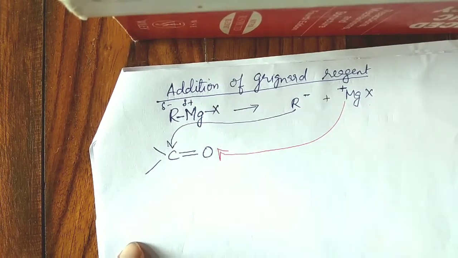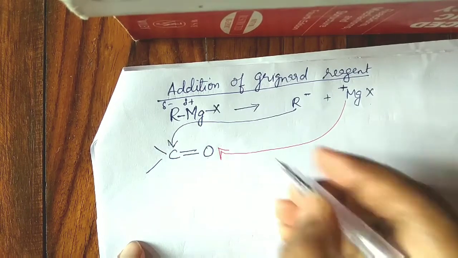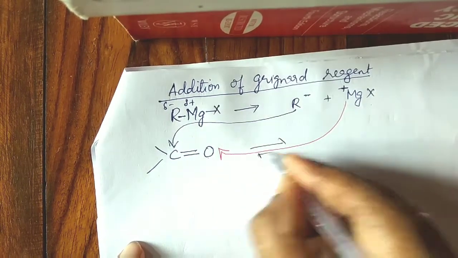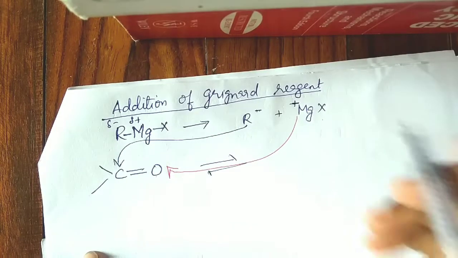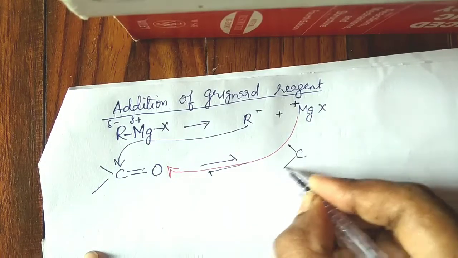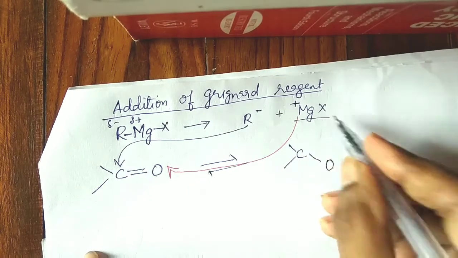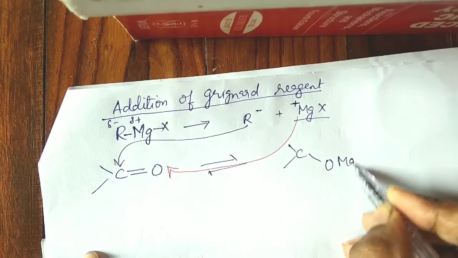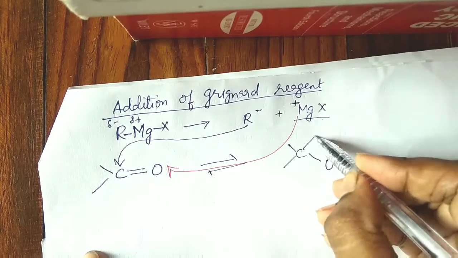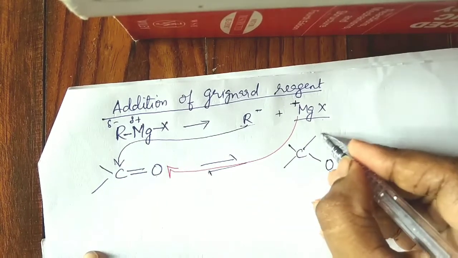And how will the reaction take place? Just see, the intermediate will be formed. To the oxygen this part will attach, so it will form OMgX, and to the carbon this part will attach, which is R.